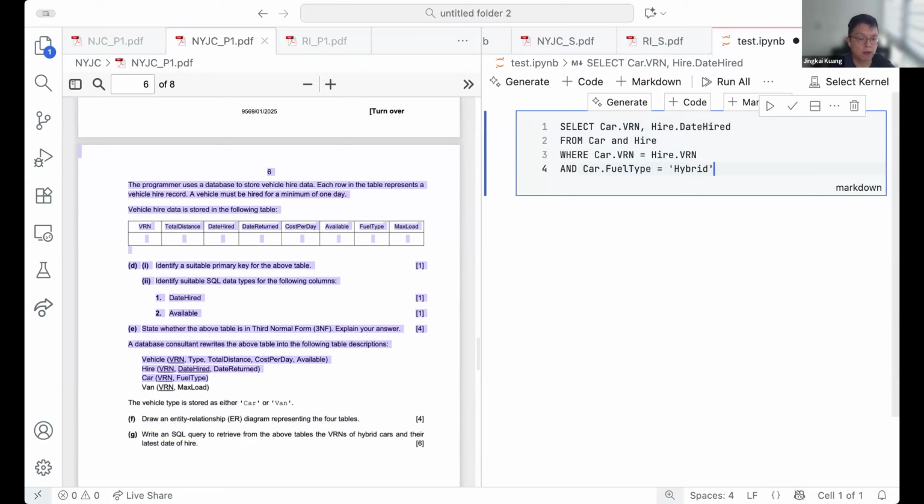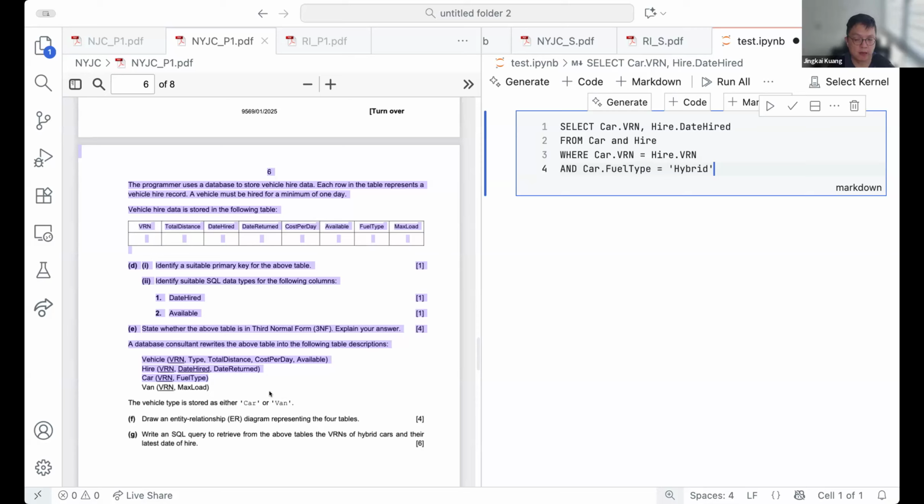Okay, the next thing is that I only want the latest date of hire. If a car has been rented out multiple times, I will pull out multiple entries of the same VRN. So what I want is only the latest one.